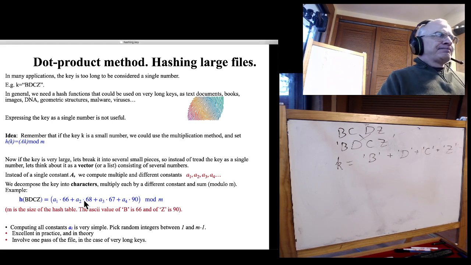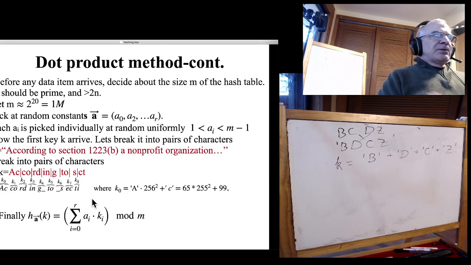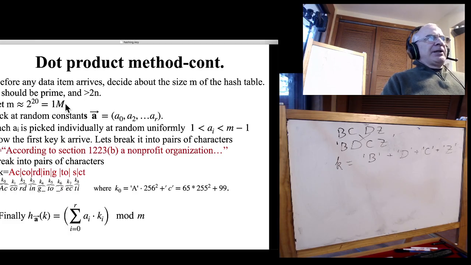Make sense? So let's see how it works in general. Let's assume that the size of my table M would be about 2 to the 20, more than 2 to the 16. It's about 1,000,000 cells in the table. I'm going to pick a set of random constants, A0, I forgot A1, sorry, A2, all the way up to AR.